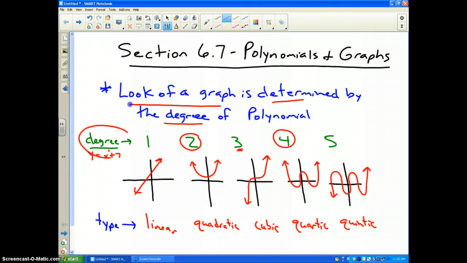So the degree will always tell you the look of a graph. And if you can associate the degree and what the graph looks like, that will be good. And we're going to mainly talk about degree 3, 4, and 5 as we go through section 6.7.